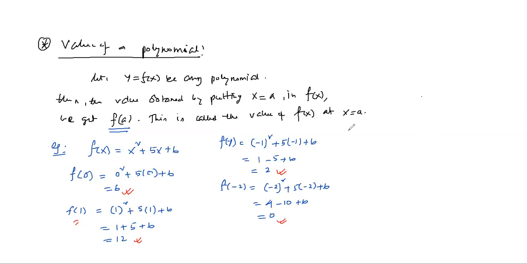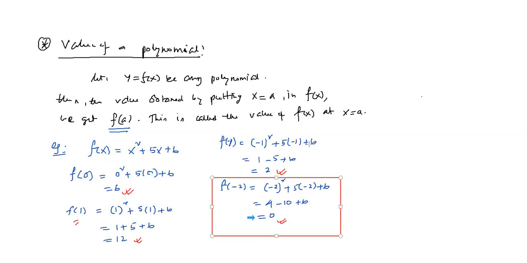Okay, so we get these values. Now we have a special interest in a particular value. You see what is the importance or what is the difference of this value with the others.